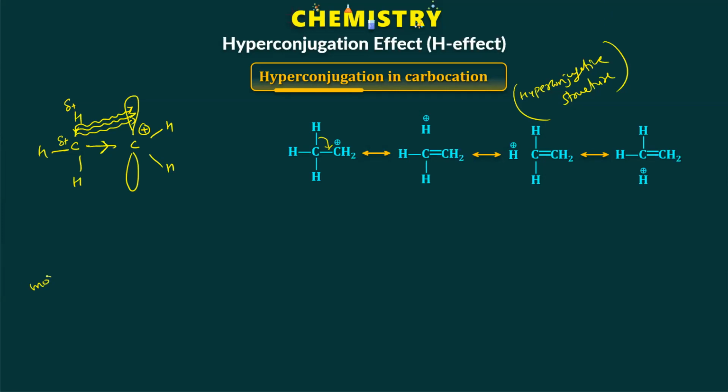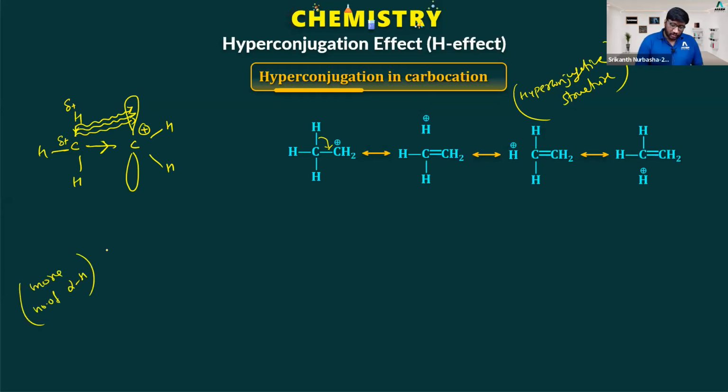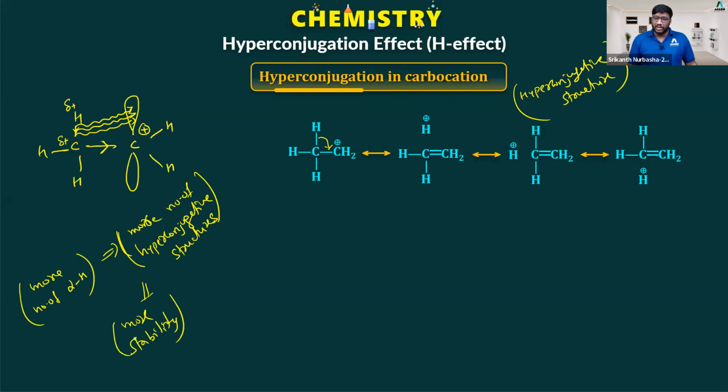Yes. Greater the number of hyperconjugative structures, greater will be the stability. So if there is a difference in the number of hyperconjugative structures, then the resonating structure which has more hyperconjugative structures is more stable.